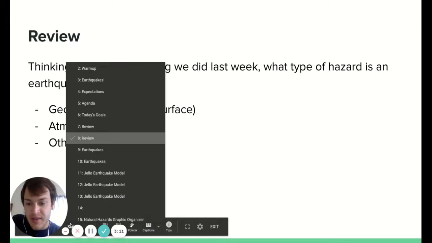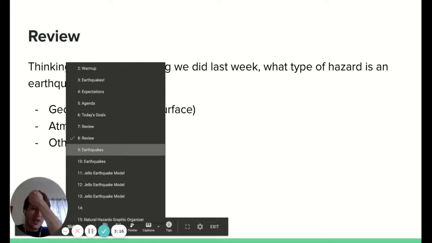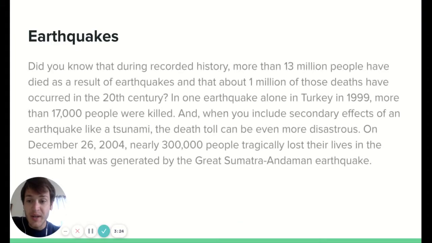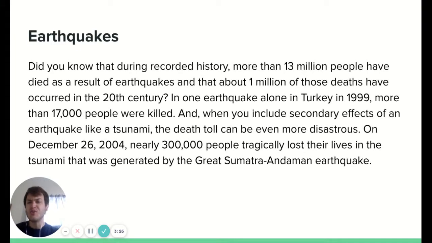Cool. So now that we remember that earthquakes start near the surface of the earth, not at the surface, but near it, we're ready to move on to talking about earthquakes. So really quickly, did you know that during recorded history, more than 13 million people have died as a result of earthquakes, and that about 1 million of those deaths have occurred in the 20th century?